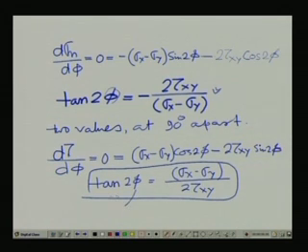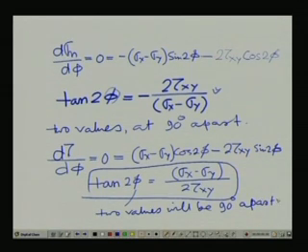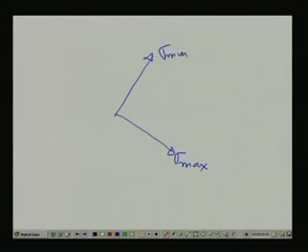Again, these two values will be 90 degrees apart. Suppose we have two values of angle: any angle which gives you, say, sigma max, then obviously 90 degrees apart we will have sigma min.